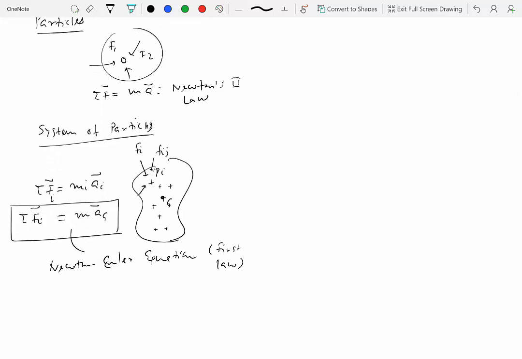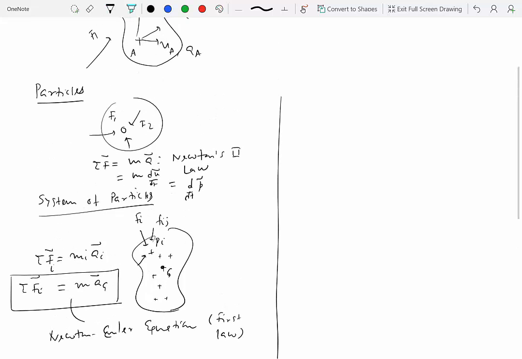Newton's second law for a single particle was written as sigma F equals ma, but was also written as m times dv over dt, which is nothing but d over dt of the linear momentum. So we had Newton's second law reformulated as the sum of the forces equal to the rate of change of linear momentum. We also saw that we could relate the angular momentum with the sum of the moments applied on a particle.